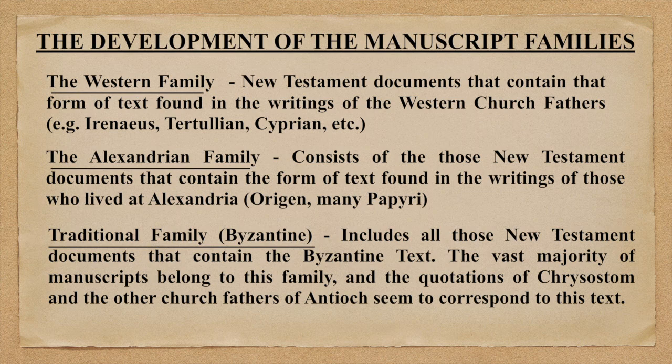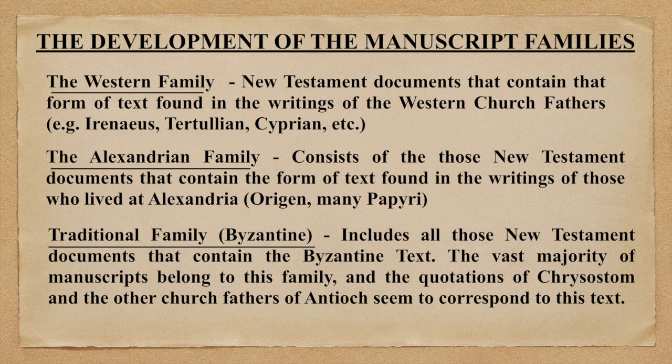The Western family consists of the New Testament documents that contain that form of text found in the writings of the Western Church Fathers, such as Irenaeus, Tertullian, Cyprian, and so forth. Another is the Alexandrian family, which consists of those New Testament documents that contain the form of the text found in the writings of those who lived in Alexandria, such as Origen and many papyri texts.